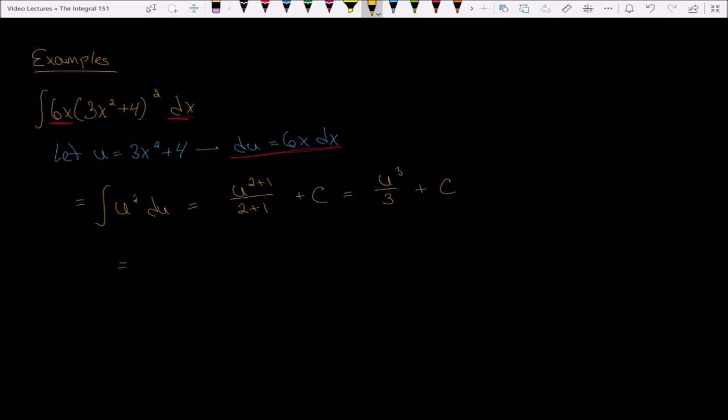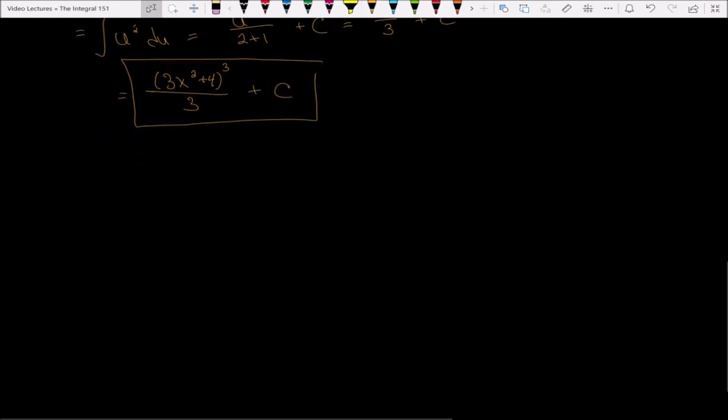Replace u again with 3x squared plus 4. And here is our antiderivative. And we can always check that that is correct by taking its derivative and verifying that we get back to the original integrand.